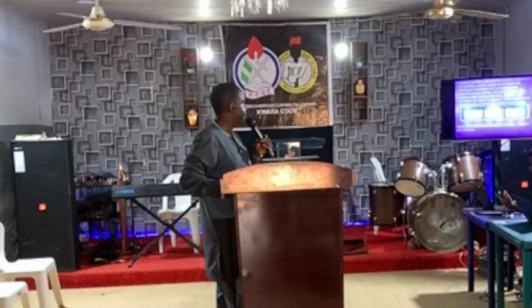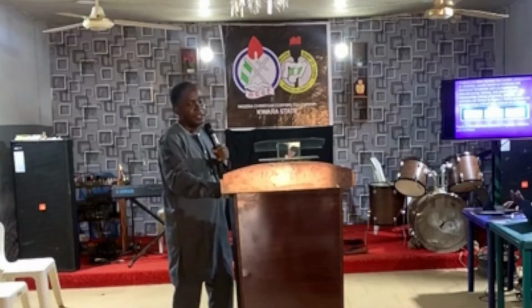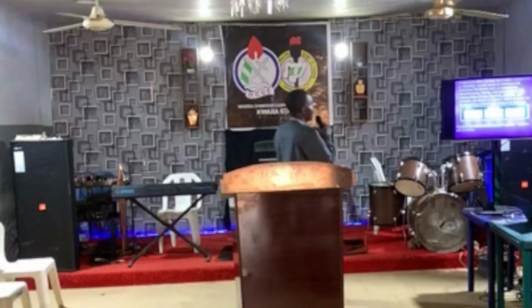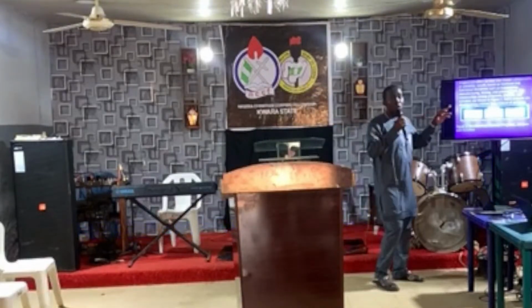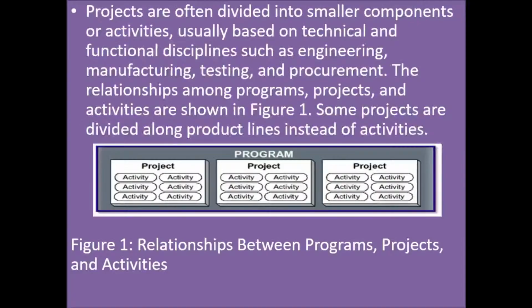Let's look at it. Give me that diagram. Look up, everybody. We have 3 projects here: Project 1, Project 2, Project 3. Each of these projects will be delivered in 4 years. How many years will it take us to deliver this program? Do you get the illustration? Should I break it down again?